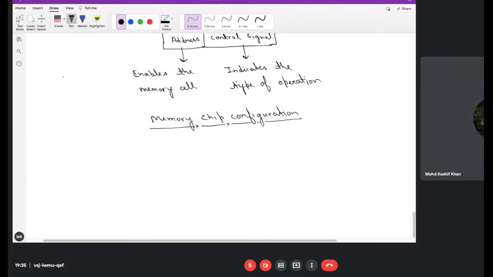Now suppose we have a memory which has four cells. These are the four cells. Can anyone tell how many bits are required to address these four cells?